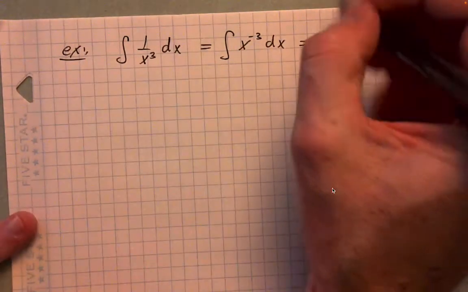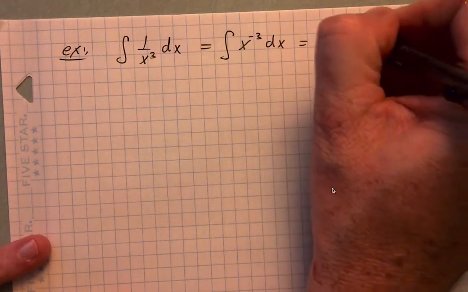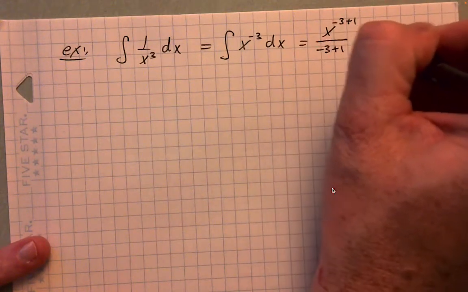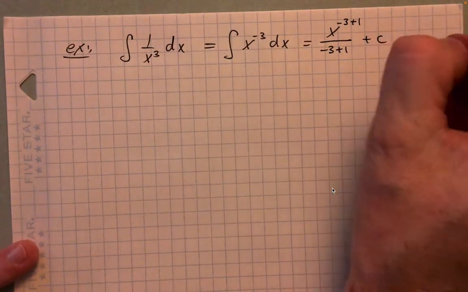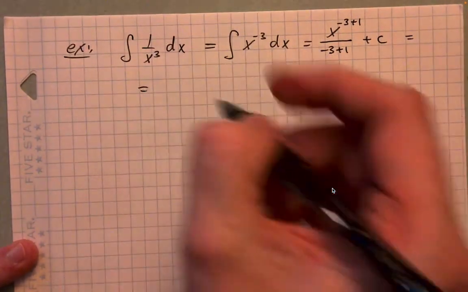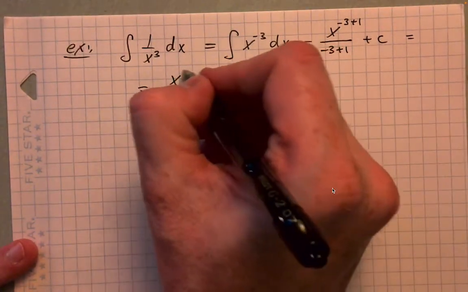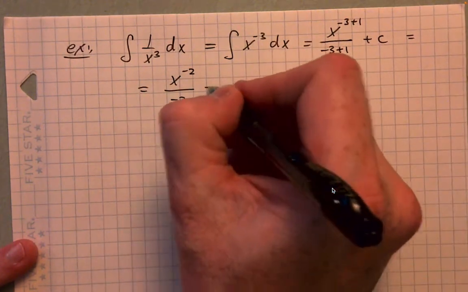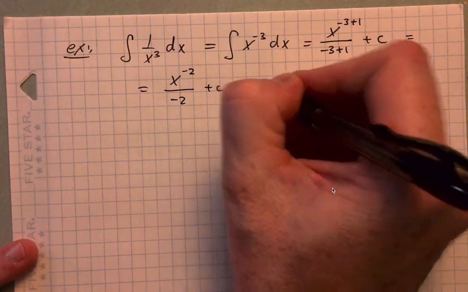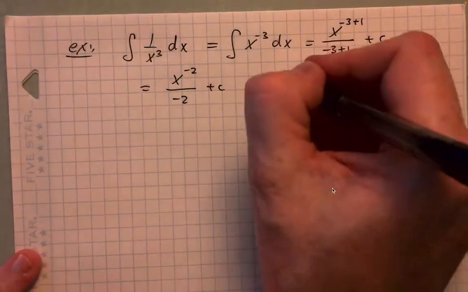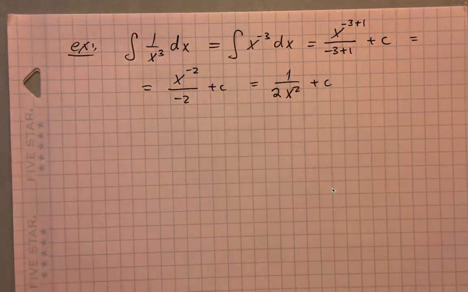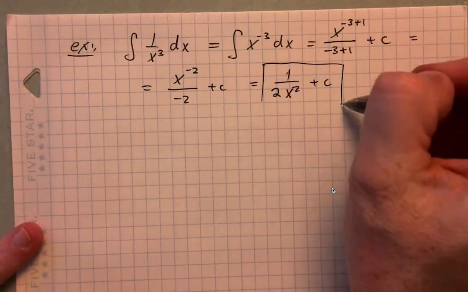And so the integral here will be x to the negative 3 plus 1 divided by negative 3 plus 1, plus the constant of integration. And so what is all of that? Well, you get x to the negative 2 power divided by negative 2 plus the constant. And so you get basically negative 1 over 2x squared plus c. Right, so there's that indefinite integral.